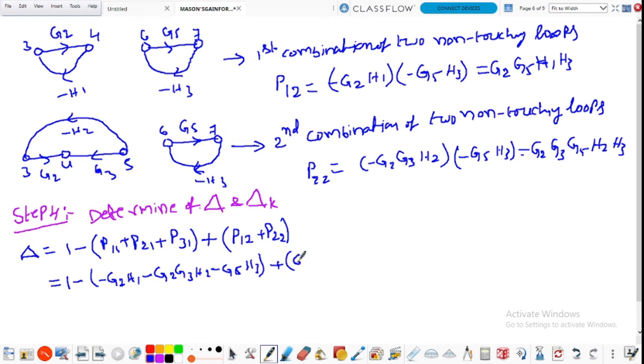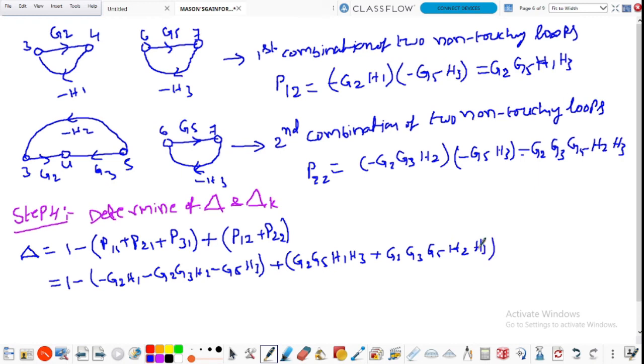P12 is G2, G5, H1, H3, plus P22 is G2, G3, G5, H2, H3.